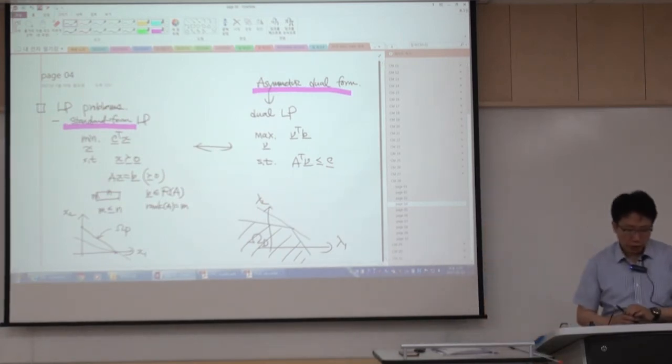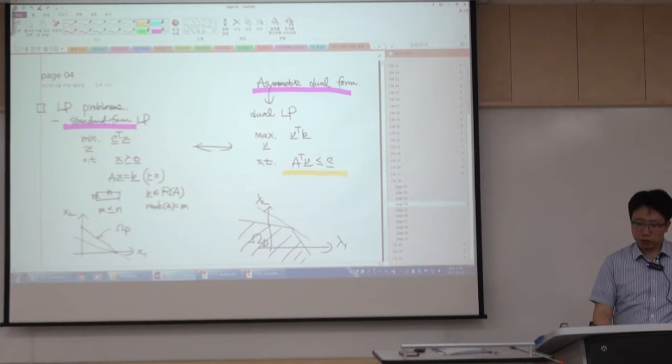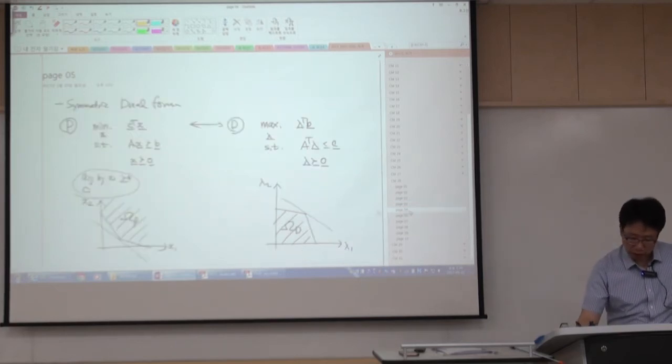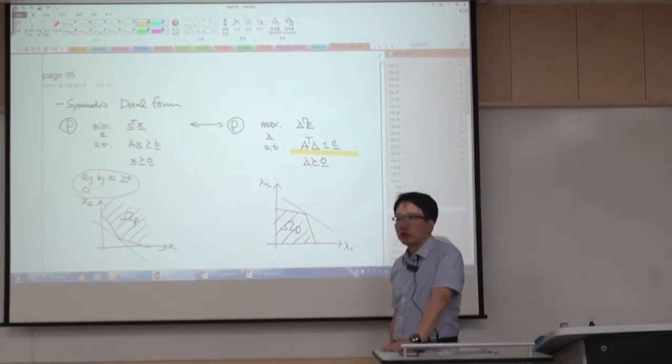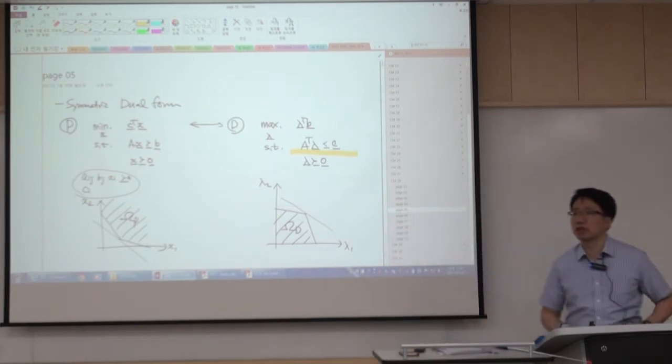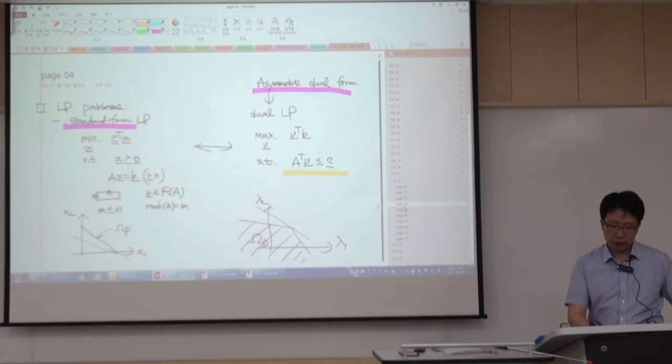So in both symmetric and asymmetric form, you see something similar like this. A transpose nu less than or equal to C, A transpose lambda less than or equal to C. By the way, our textbook just used lambda. It doesn't matter. You can choose any variable. Got it?